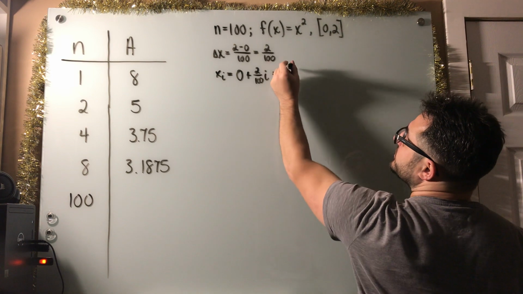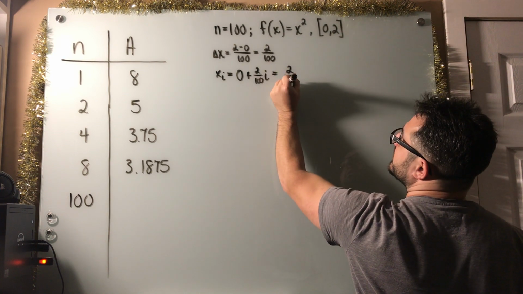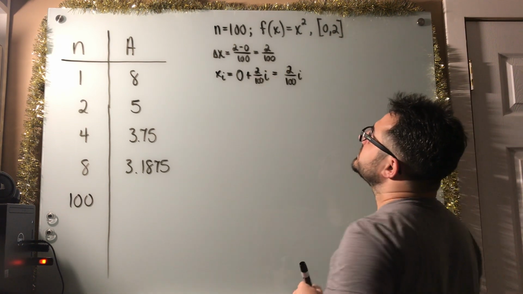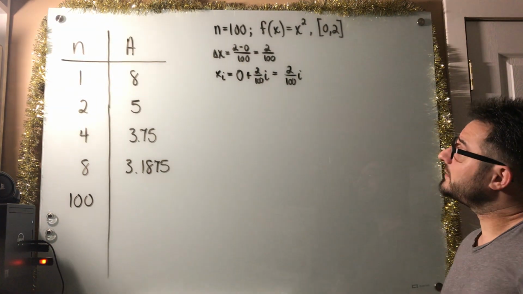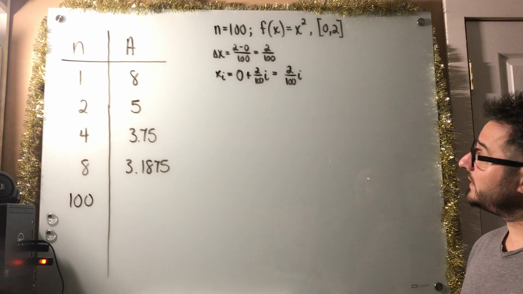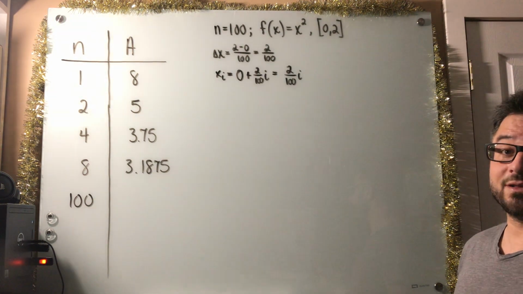In this case, the 0 drops off. We're left with the single term, 2 over 100 times i, which again, could you simplify? Yes. I'm going to leave it as it is because it's going to lead to easier calculation later on.